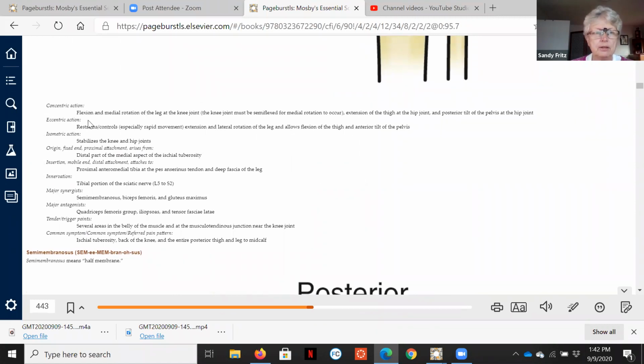The difference here is that when it pulls, it's concentric action. It still does flexion, but it rotates it in the opposite direction. And when it's acting eccentrically, getting longer, slower, and controlling that when it goes from flexion to extension, then it's controlling the lateral rotation.